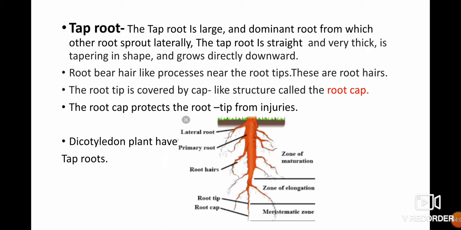See in the diagram also they are showing the root cap at the lowest end. In the textbook you observe the root cap protects the root tip from injuries. When it goes inside the soil, the root cap protects the root tip. If it went inside the soil without it, it would get injured. If the root cap is there, the roots are not injured. The example is roots of dicotyledon plants.